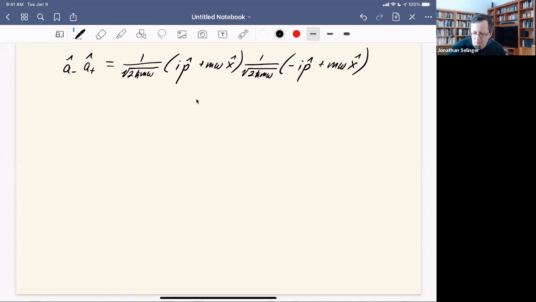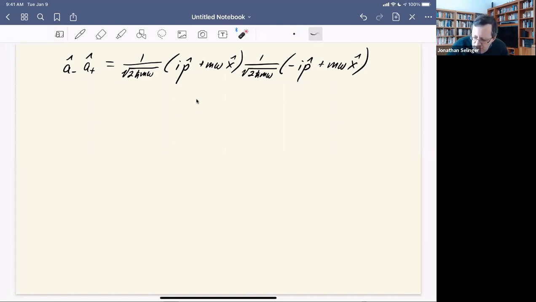Okay, so we want to simplify this. One thing you can see is that these things are linear operators, right? Remember that was one of the principles we talked about yesterday. That means multiplication by a constant can just be pulled out, right? An operator acting on a constant times a function is just the constant times the operator on the function.